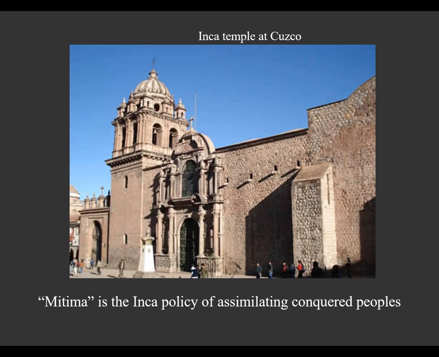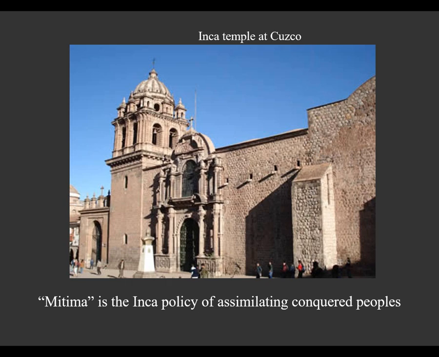That is the official Incan policy of taking conquered people and not just allowing them to live in the Incan Empire without being killed, but really assimilating those groups into Incan civilization. So those groups could have an opportunity to become full-fledged Incan citizens.